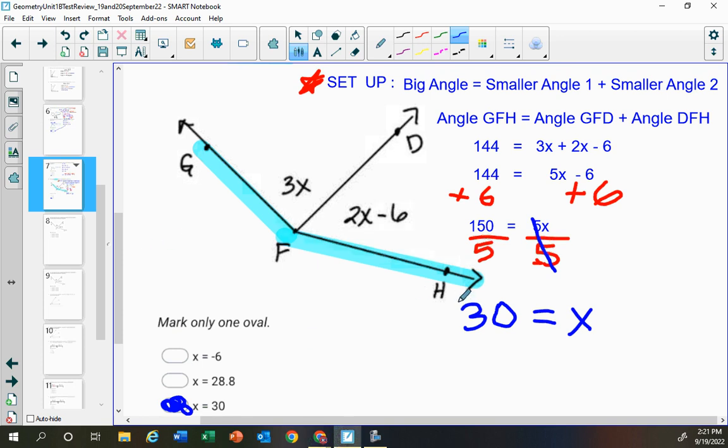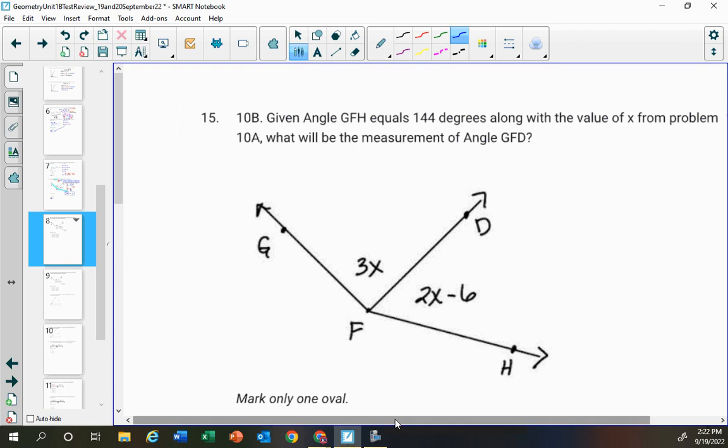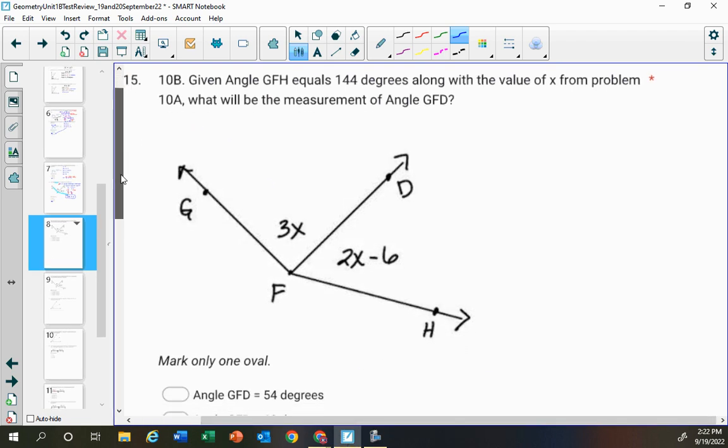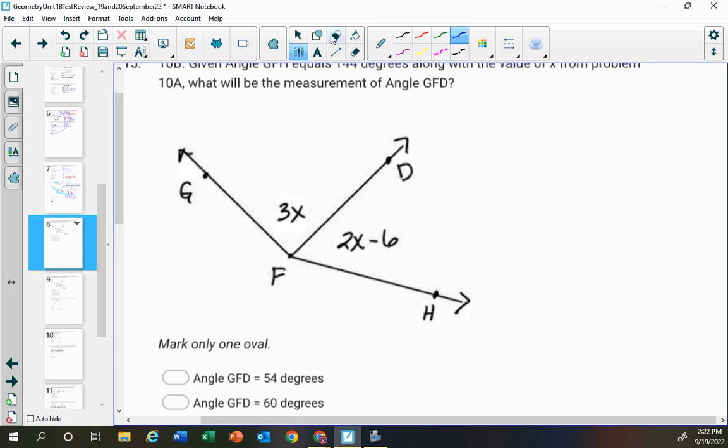Now you're going to take your x equals 30. You're going to use that for the next two problems, but the next two problems are going to be very easy. So take your x equals 30. This is where highlighters are going to be important. I want GFD.